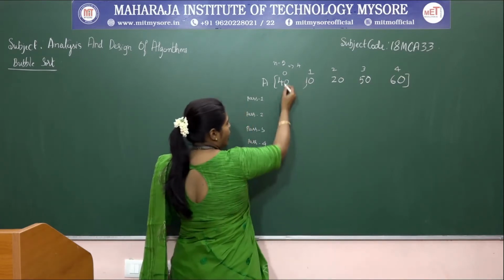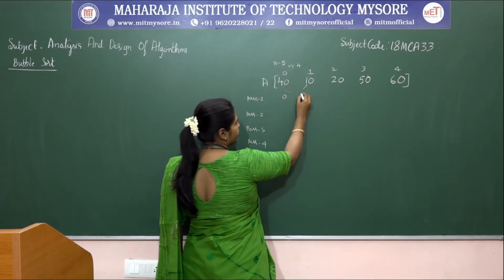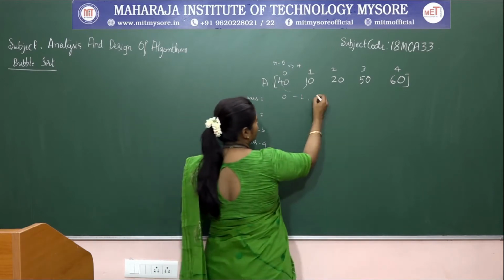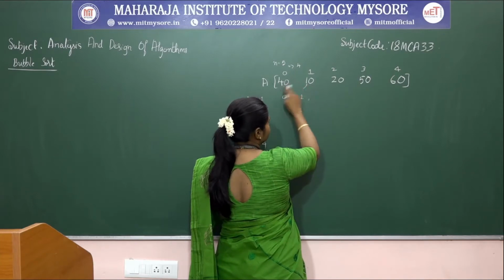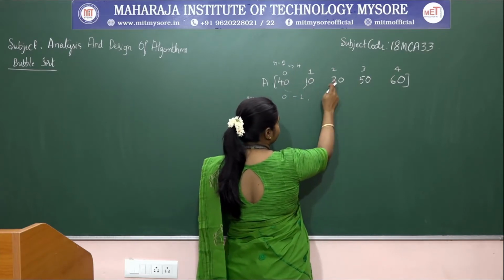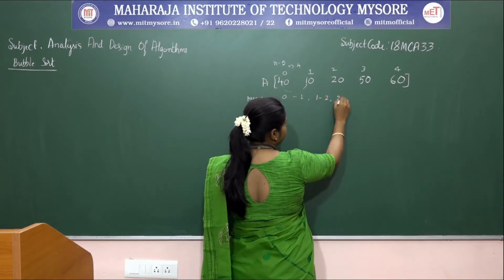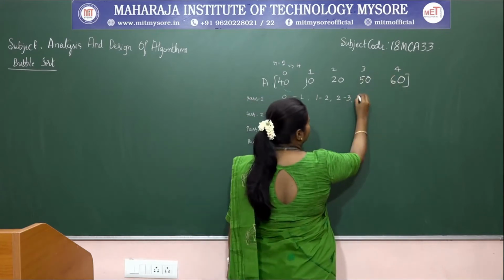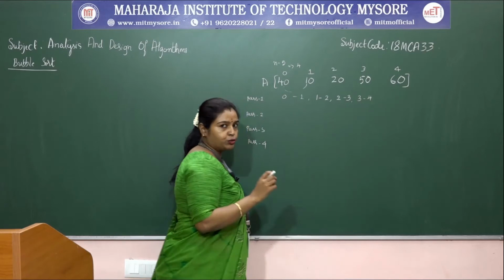The 0th position element and the first position element are compared, and 40 is greater than 10, so they are swapped. Now the first position element and the second position element are compared, next the second and third positions, and we go up to the fourth position.